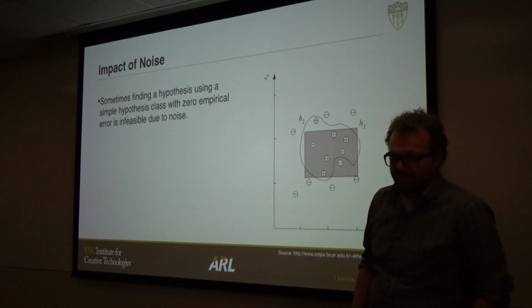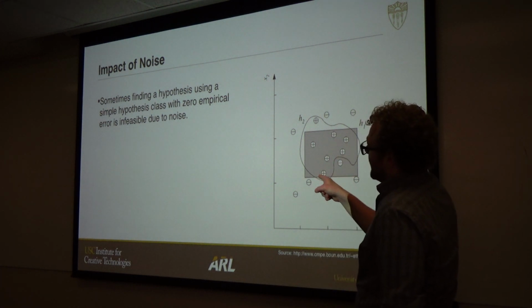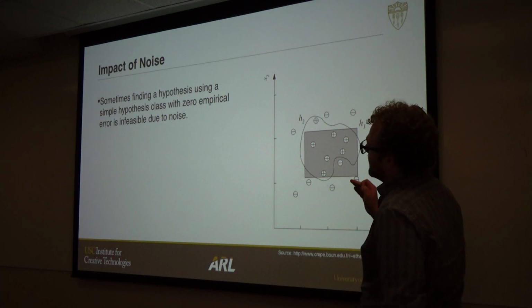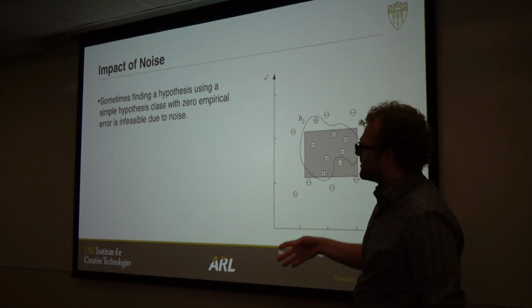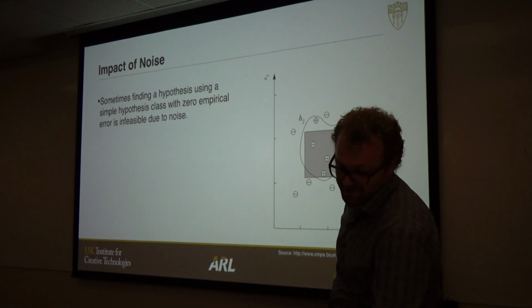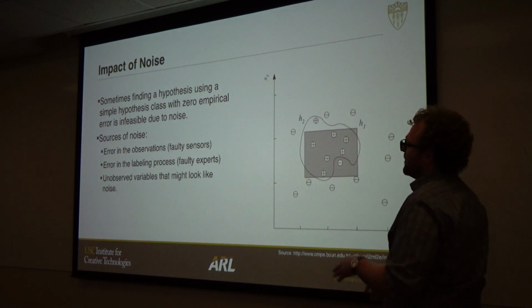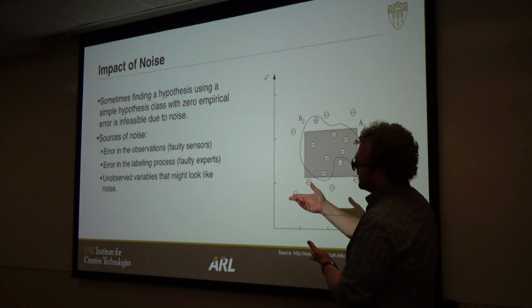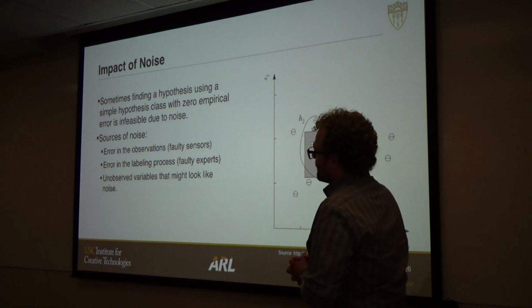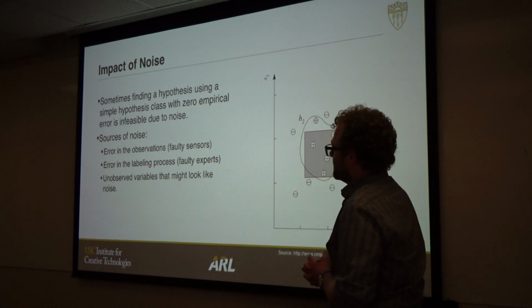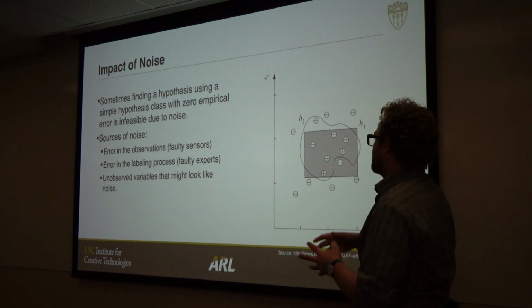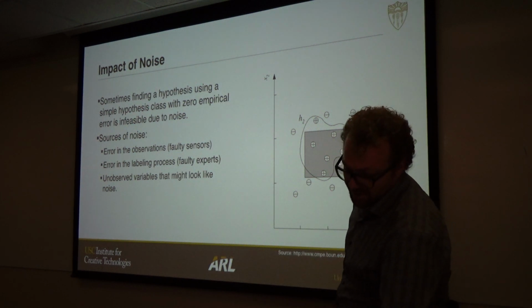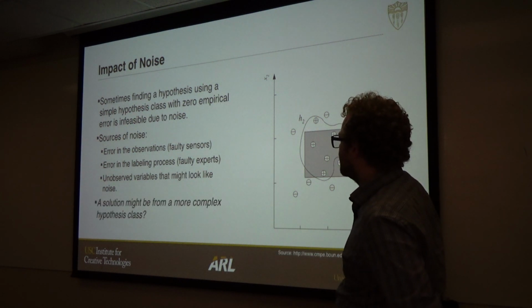Sometimes finding a hypothesis using a simple hypothesis class with 0 empirical error is infeasible due to noise, so different types of errors. Sources of noise might be faulty sensors, faulty experts, or observed variables that might look like noise, so we throw them out or we don't like them.